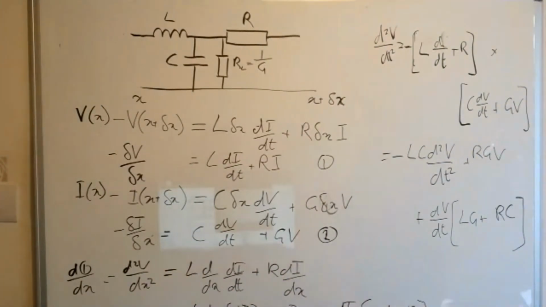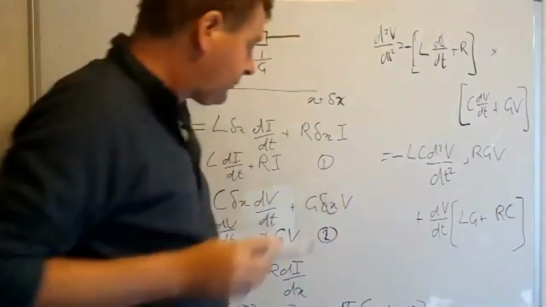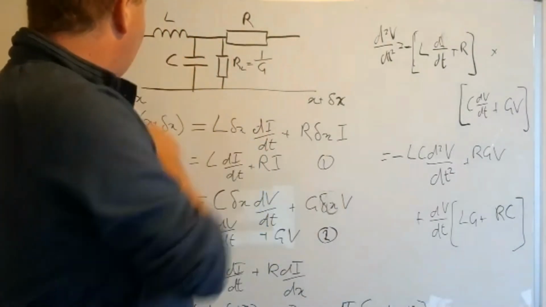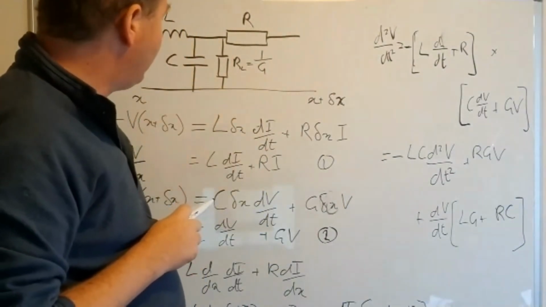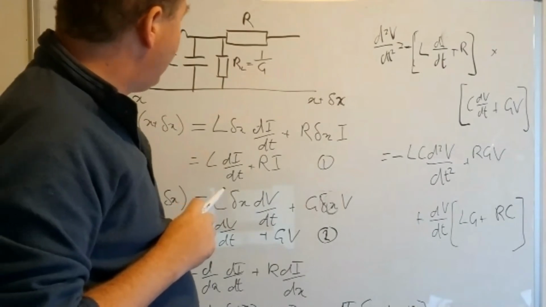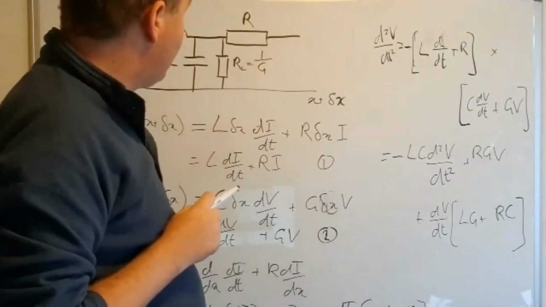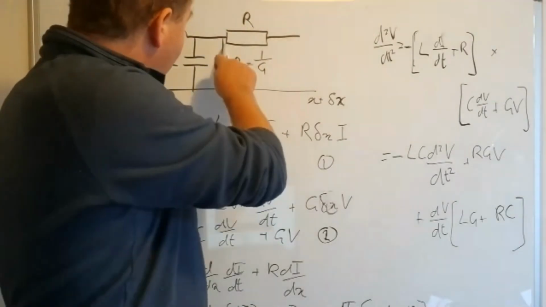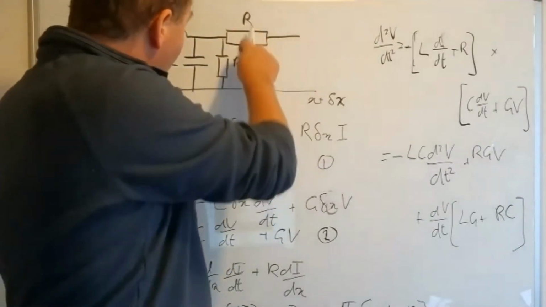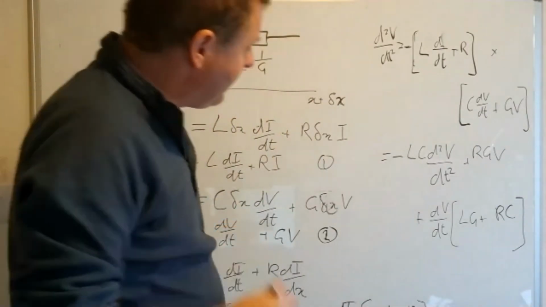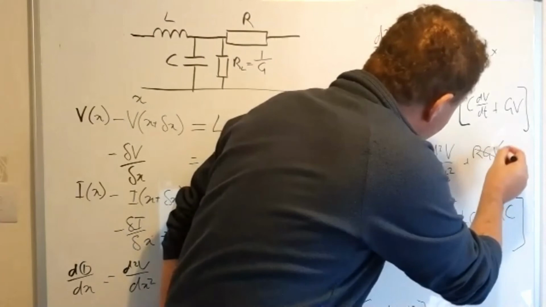Okay, so what does this equation mean? Well, if we go back to our element here and think what an ideal case would look like. An ideal case would have no resistance in our cable at all, and would also have no leakage. And so R and G would both end up being 0. So if we look at that case, we're going to lose that term.